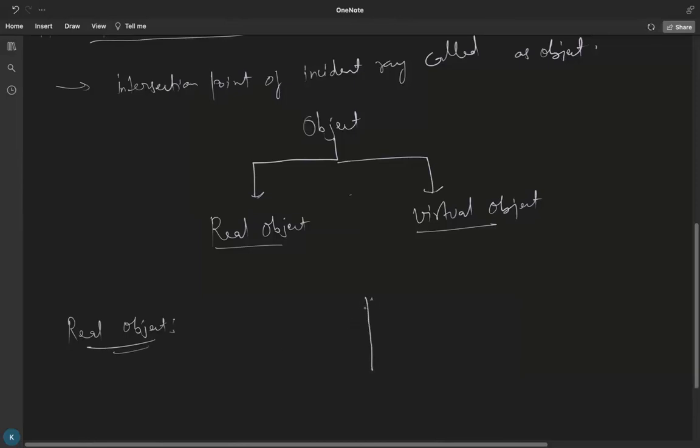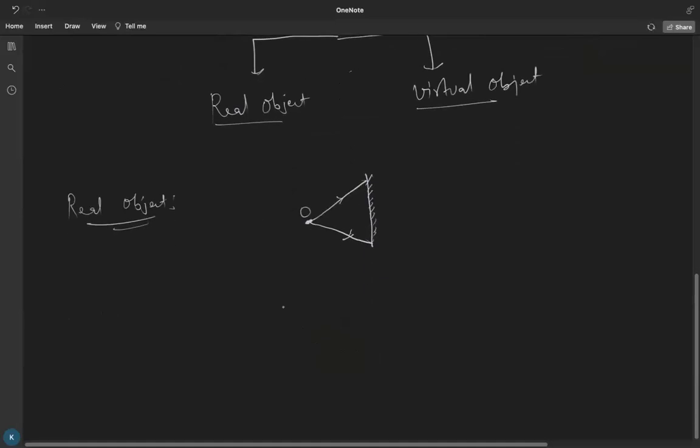Let us suppose this is our plane mirror and this is where the rays of light originate. Look here, this is our real object because this is the intersection point of the incident rays. And the nature of the incident rays in a real object is divergent, because the rays of light diverge.